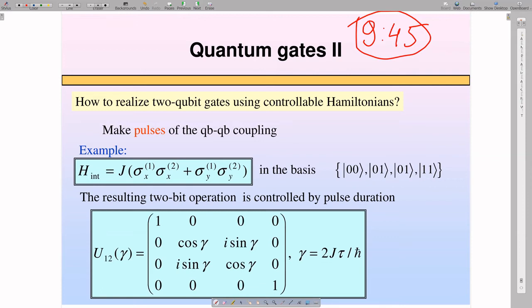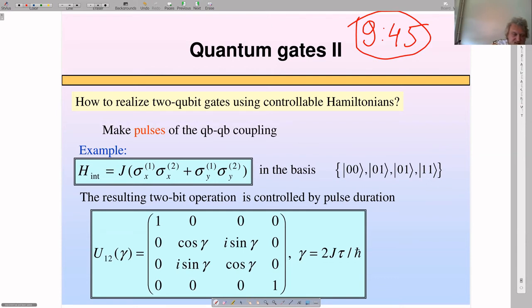Very good. So let me appear here again. Let me tell more about quantum gates. Basically, what I want to show is how people can make these gates using the elements which are given.